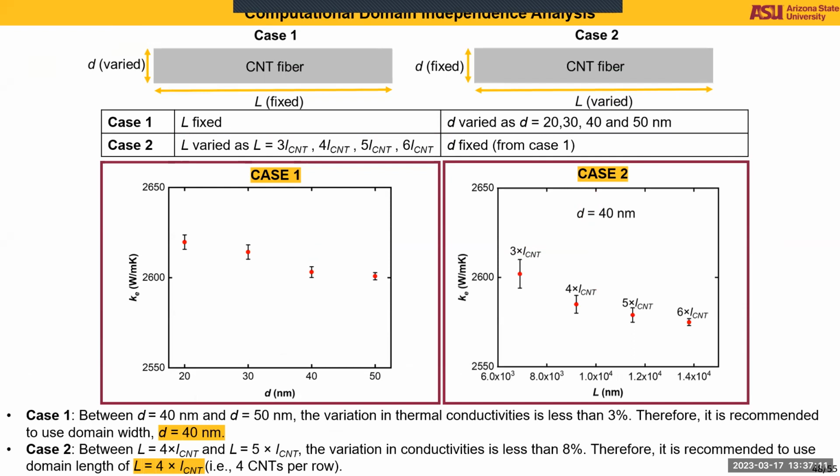Using the width from case one, we use it in case two and change the length of the fiber, and we try to see when the conductivities don't fluctuate much with the domain length. So we found out that for a domain width of 40 nanometers, you need to have a domain length of at least 4 times the length of the individual CNT bundle.